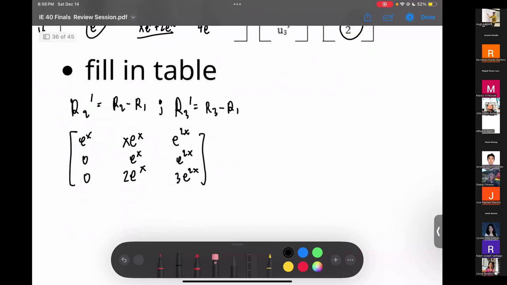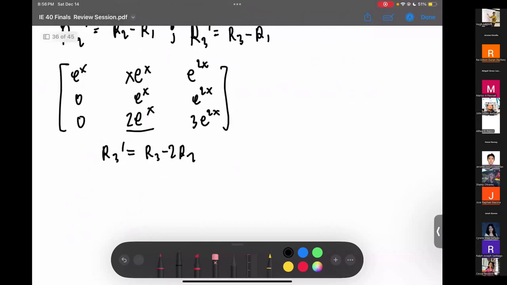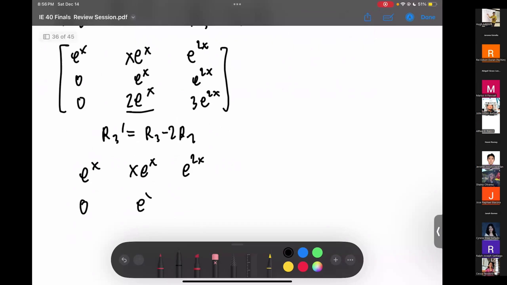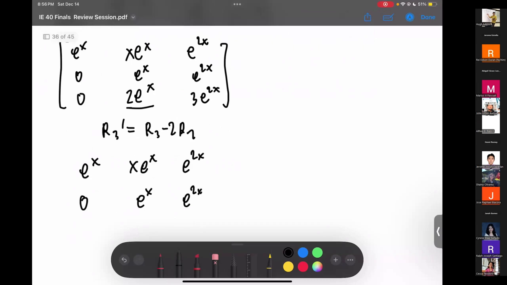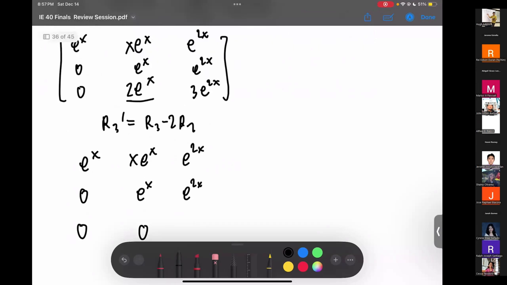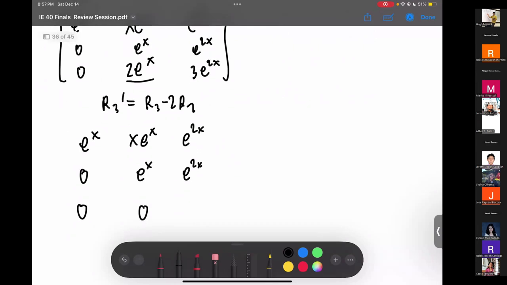Okay. So now, just to finish this off further, we want to remove this. So R3 prime is equal to R3 minus 2R2. So that becomes e to the x, e to the x, e to the 2x, 0, e to the x, e to the 2x, 0, 0, and then this becomes e to the 2x.